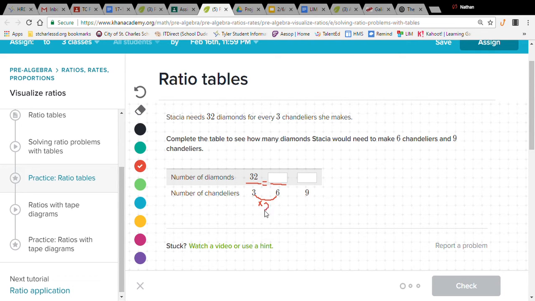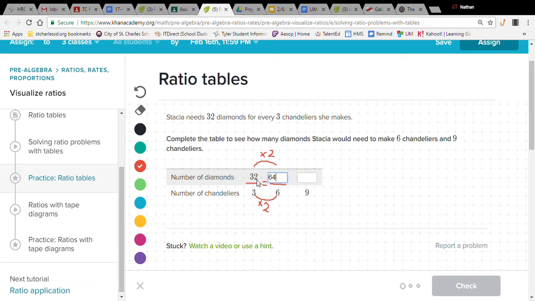So if these are proportions, which they are, then if you multiply the bottom number by 2, you also need to do the same thing to the top number to get your proportional number here. So 32 times 2 is 64.